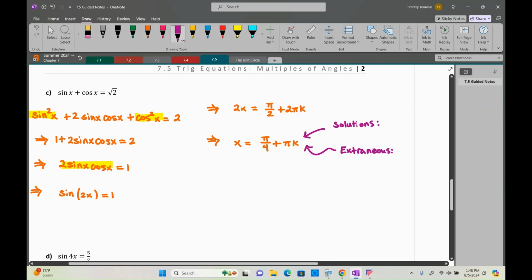Okay. So the solutions again were when k was even, and the extraneous ones came from when k was odd.